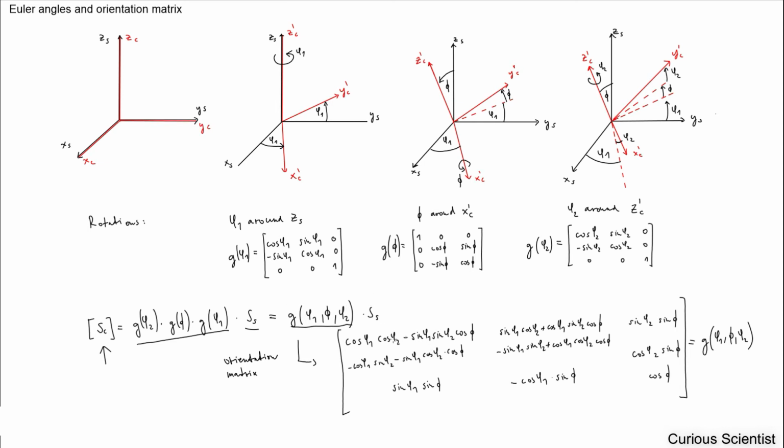This big matrix is just the product of the multiplication of these three matrices, 1, 2 and 3. We usually write it as G phi 1 capital Phi phi 2. This is quite simple. If you have these three Euler angles, you just plug and chug everything here and solve it.